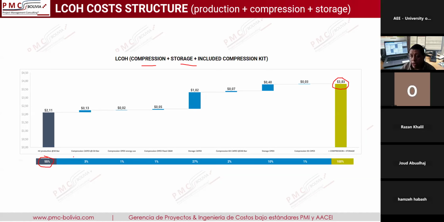Okay, so we can see here compression CAPEX, compression OPEX, fixed O&M, storage CAPEX, compression kit CAPEX, storage OPEX. With this cost, we can add, and we can obtain the final cost of green hydrogen produced, compressed, plus storage.